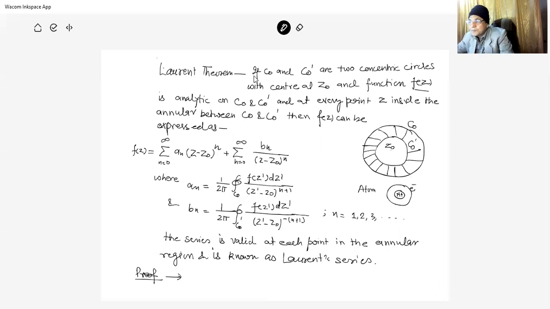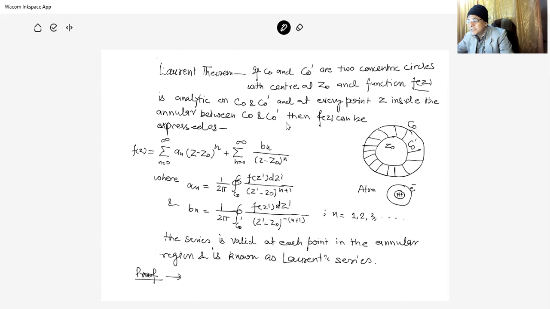If C0 and C0 dash are two concentric circles with center at Z0, and function f(z) is analytic on C0 and C0 dash and at every point Z inside the annular region.